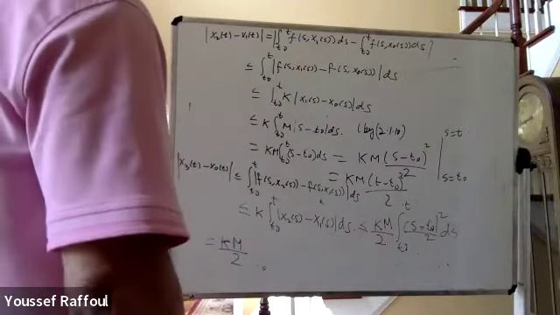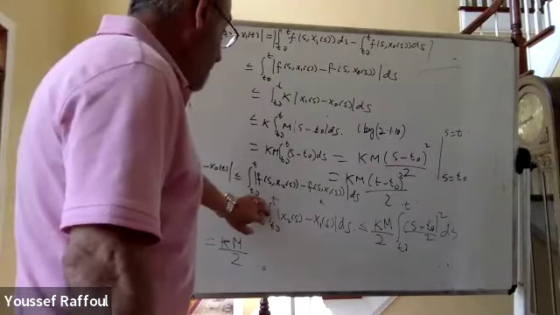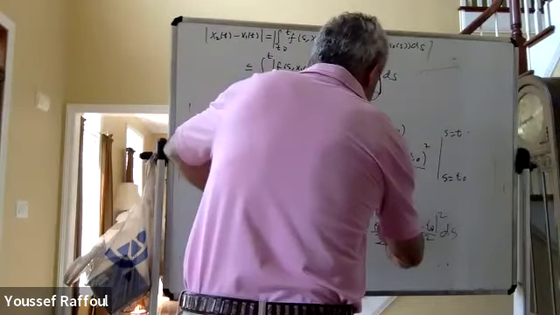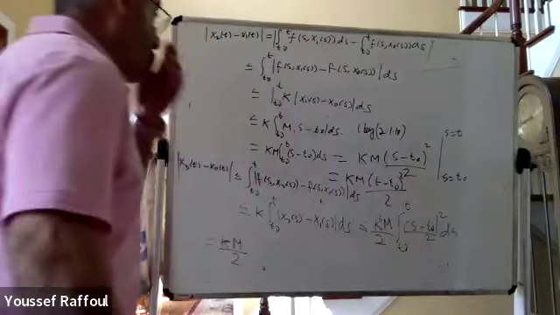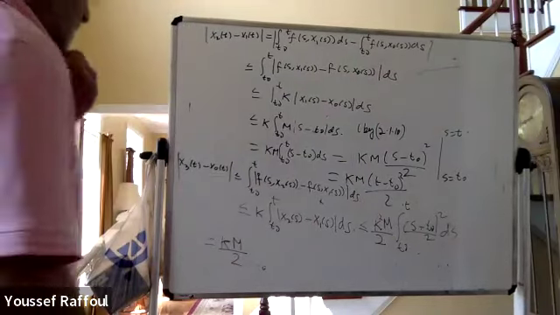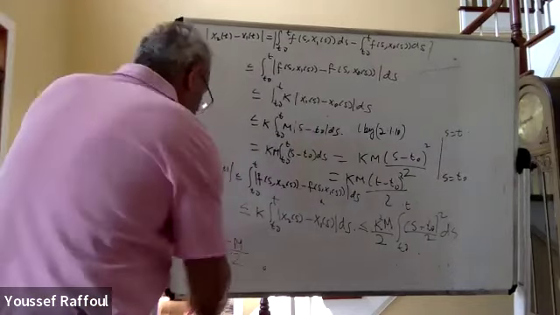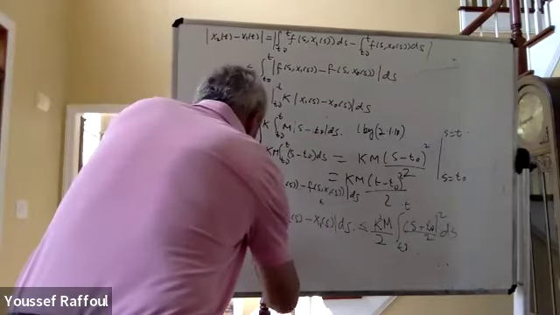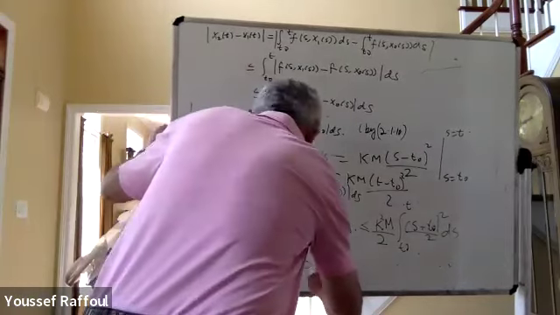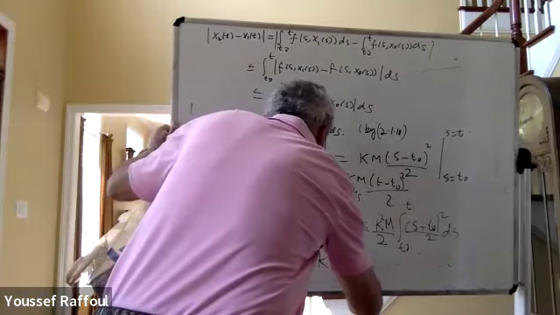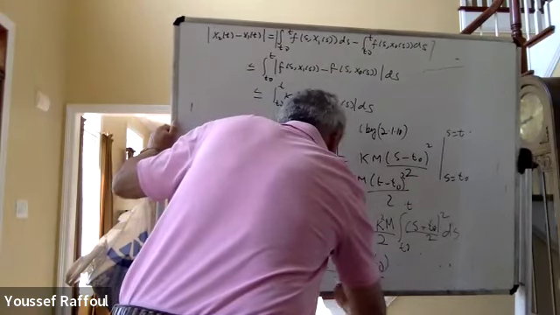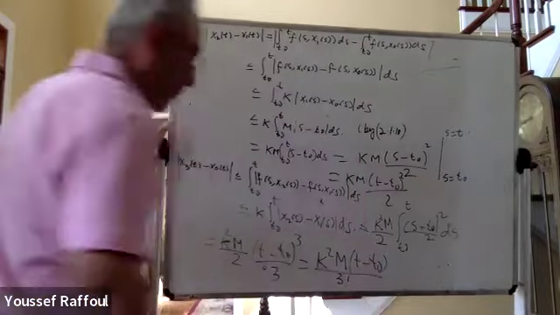So less or equal to k times |x2 minus x1| times km. So this is going to be k squared m over 2 times (t minus t0) cubed over 3, which is k squared m (t minus t naught) cubed over 3 factorial.